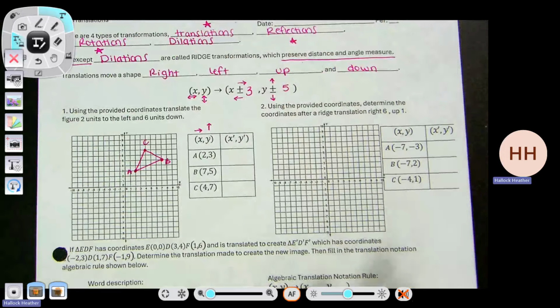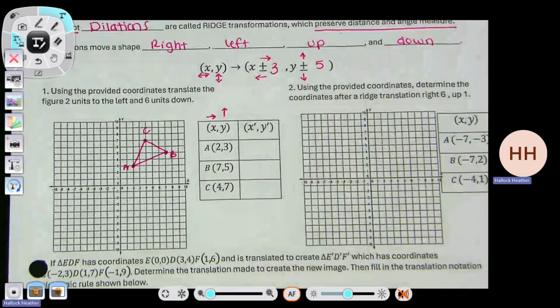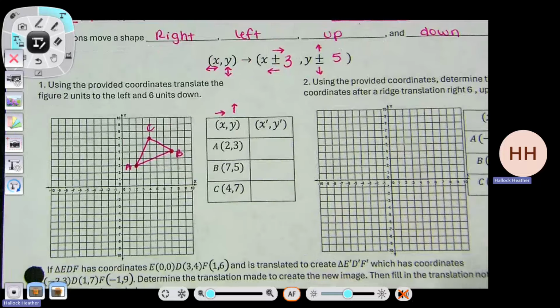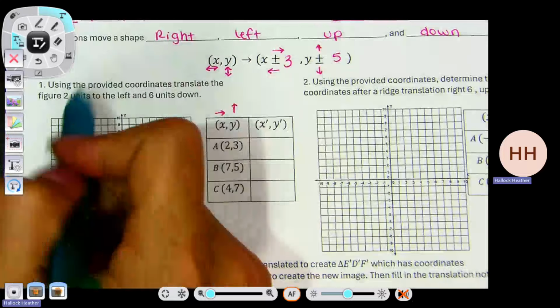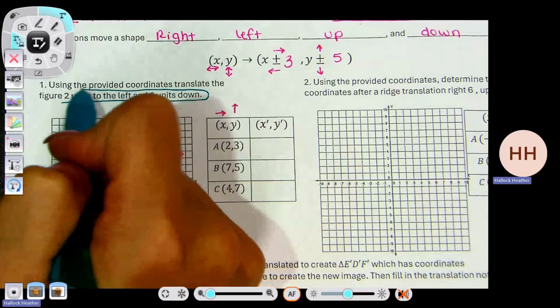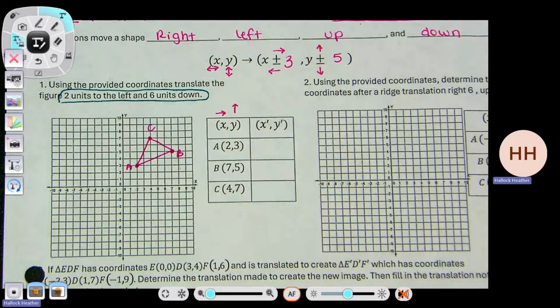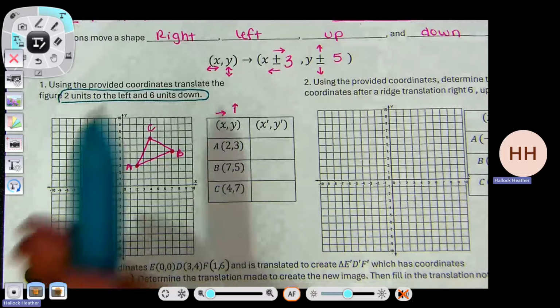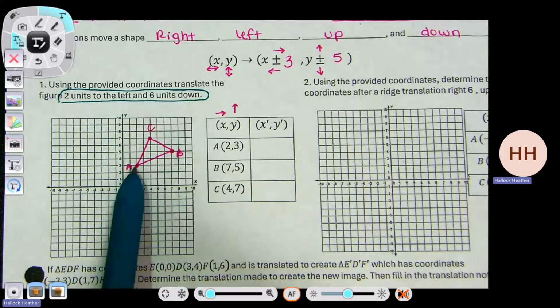And now all we need to do is follow what they said to do. What they said to do was we are taking our triangle and we're going to go 2 units to the left and 6 units down. So we basically need to figure out where my triangle is going to end up. If I go 2 to the left, I'm just going to start with A. A is here.